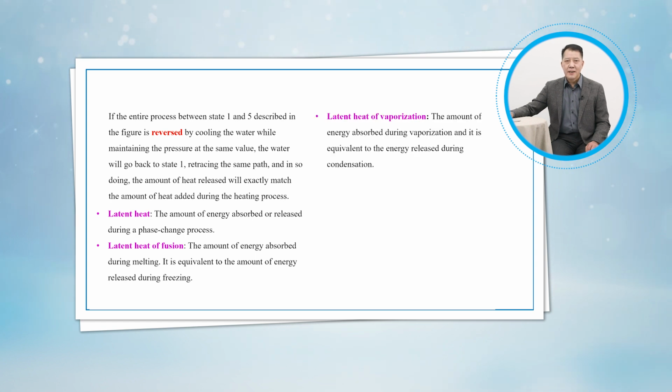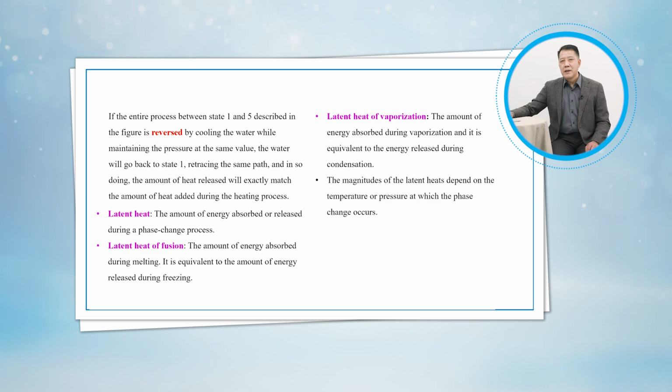Similarly, the amount of energy absorbed during vaporization is called the latent heat of vaporization and is equivalent to the energy released during condensation. The magnitudes of the latent heats depend on the temperature or pressure at which the phase change occurs.